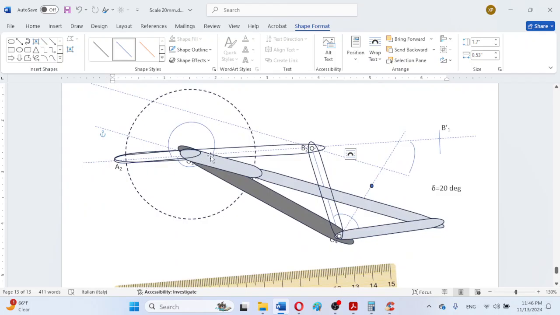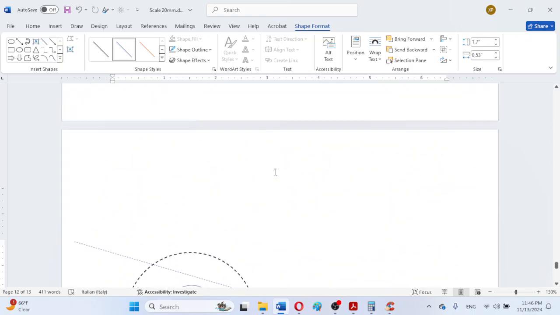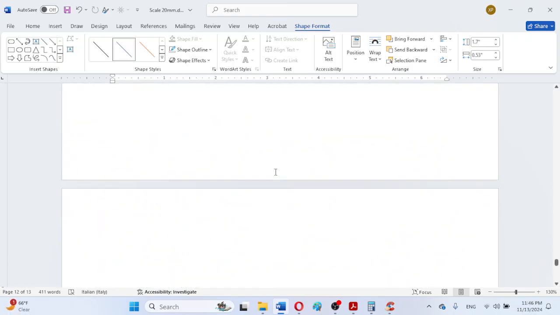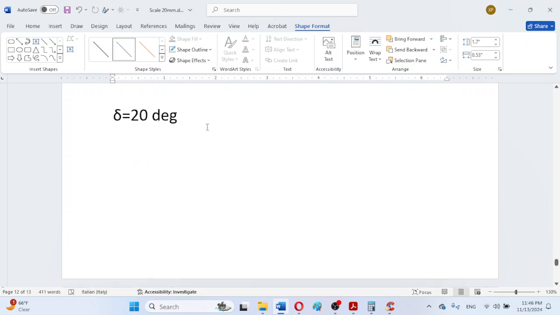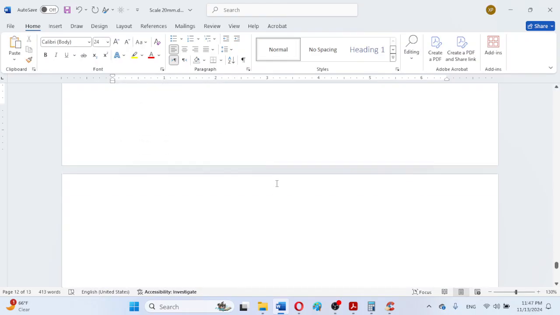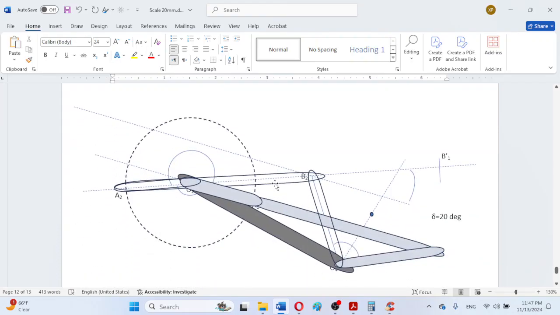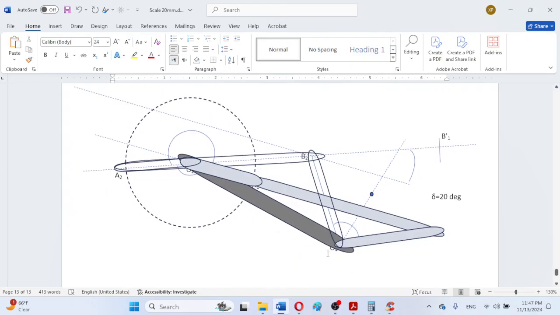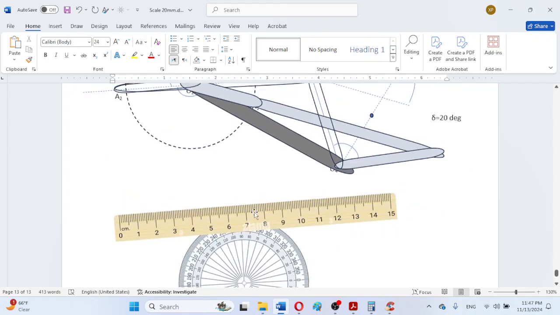So in this way the shapes of the links can also be shaded, but now I will be specifying the sizes. A is equal to 3.5, and B can be measured here using this linear scale.